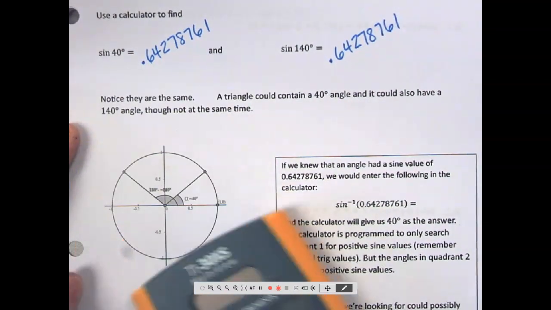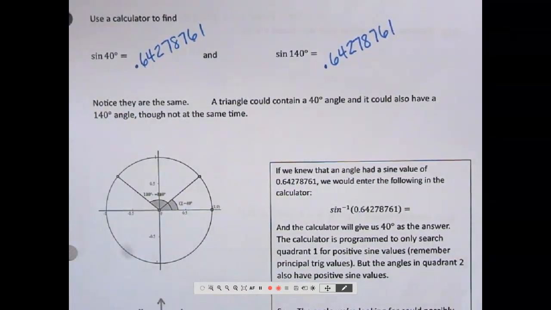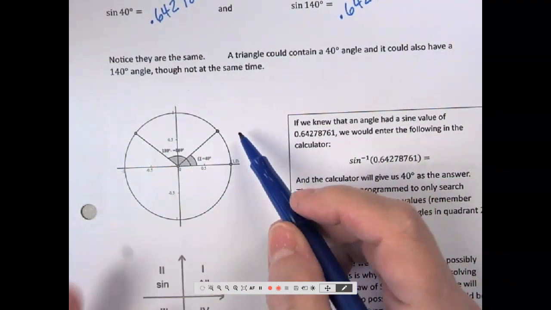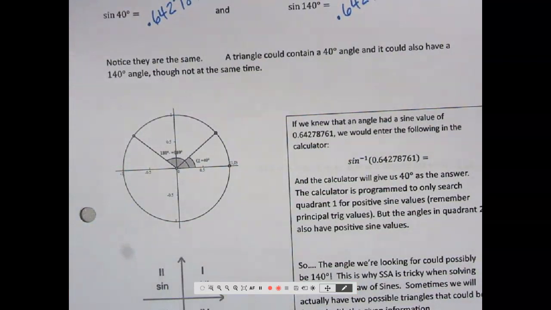Okay, and hopefully that's not a totally big surprise to you, because if you think on our unit circle, let me go get a unit circle super quick here. We can find a unit circle. That's not one. Oh my goodness. Here we go.